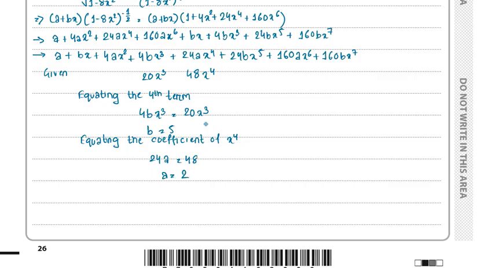So this would be a equals 2. So we have found the values of a and b.